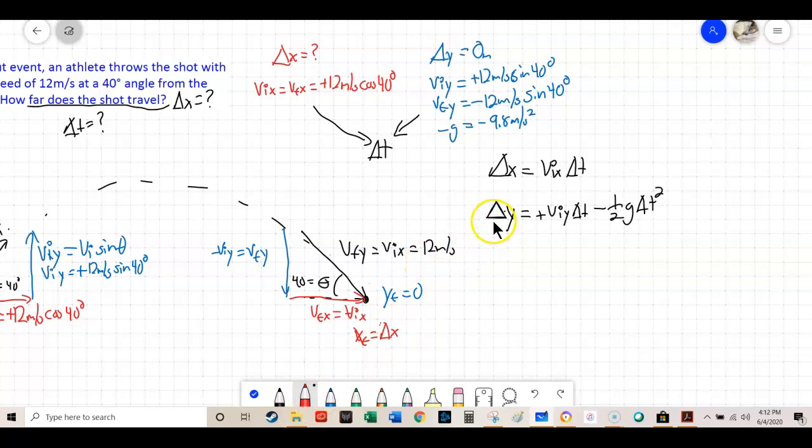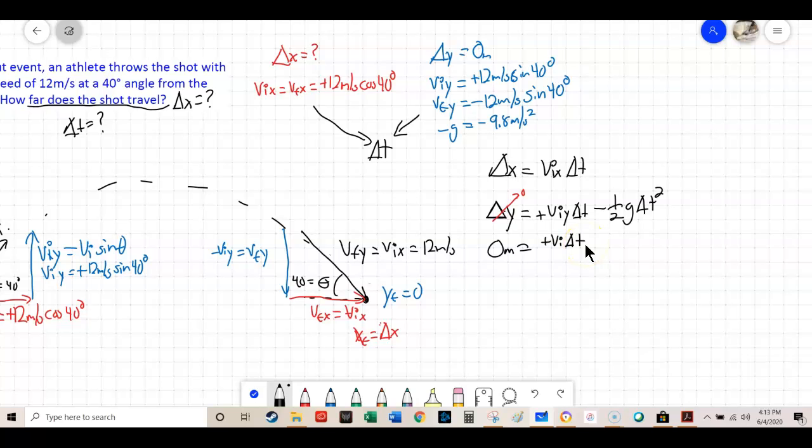But delta y is going to be 0, so 0 meters, and this V initial y is going to be 12 meters per second sine of 40 degrees. So I'm just going to leave this in equation form, and I'm going to solve it.